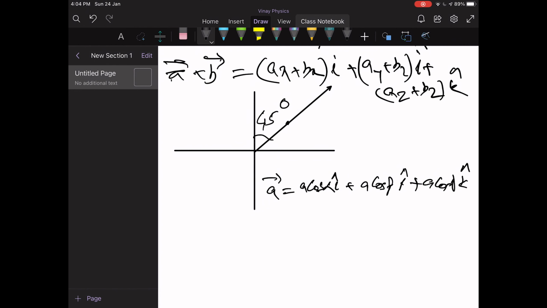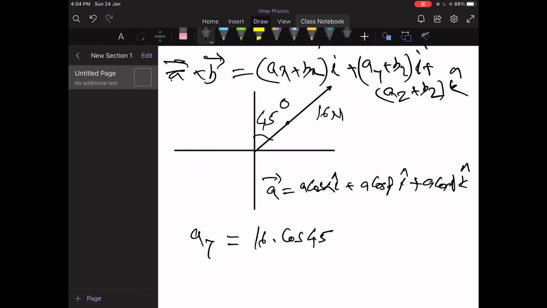The component of this particular force across each of the axes would be the magnitude, which is 16 newtons, into the cosine of the angle with that axis. Since we are already given the angle with the vertical axis, we can safely say that the component across y, which is Ay, will be equal to 16 into cos of 45 degrees, which we can solve and get the answer.